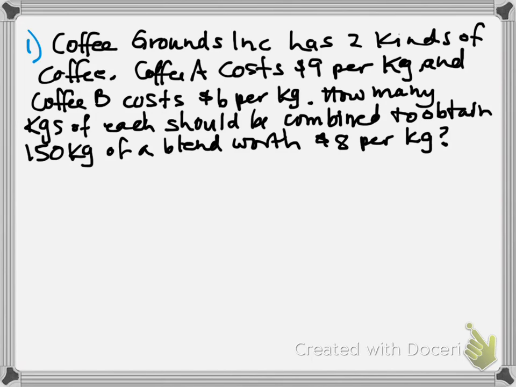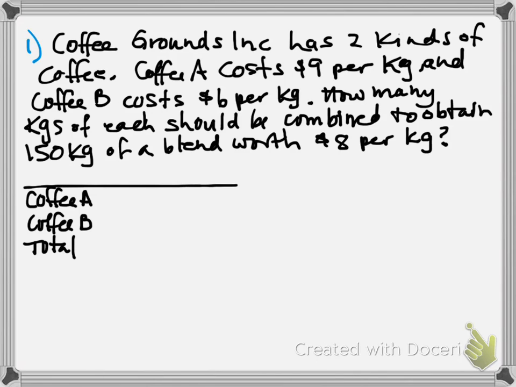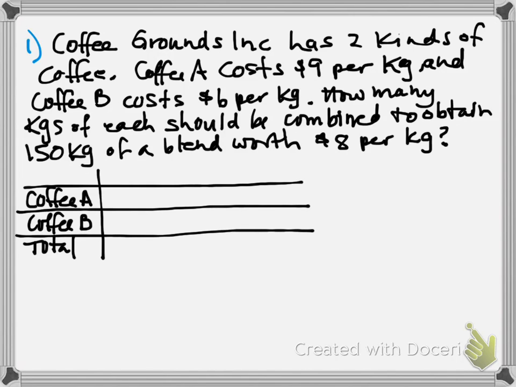Okay, so in my chart, I have coffee A, coffee B, and we're going to have a total column. Let's just deal with this. I'm more concerned about the math than these little ideas.